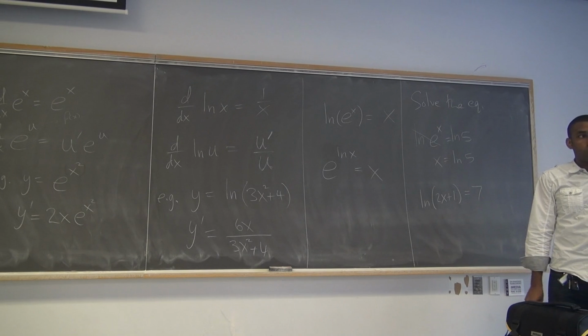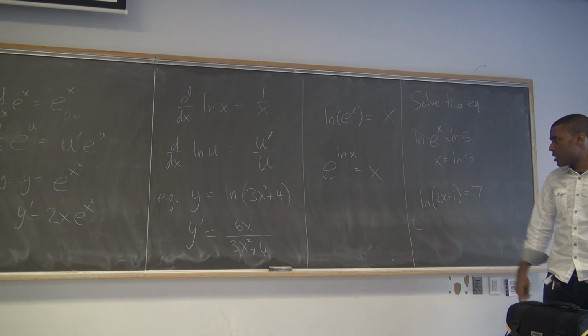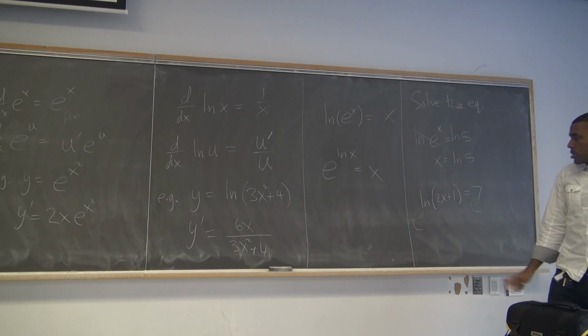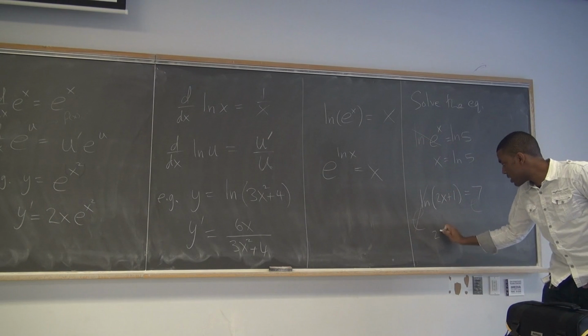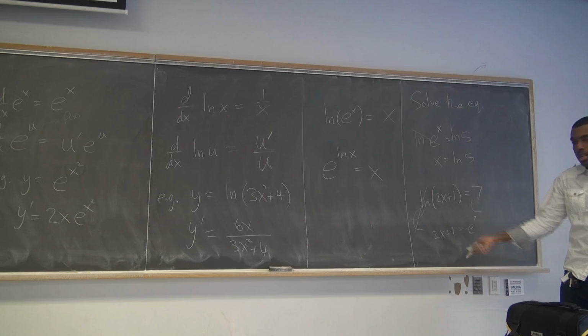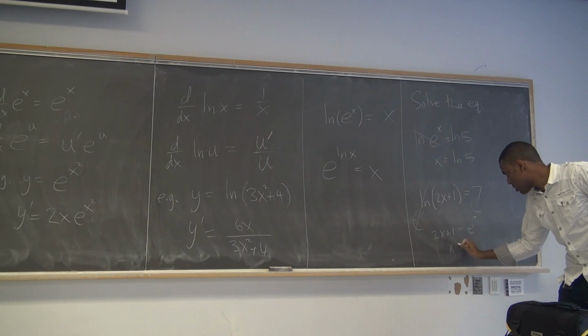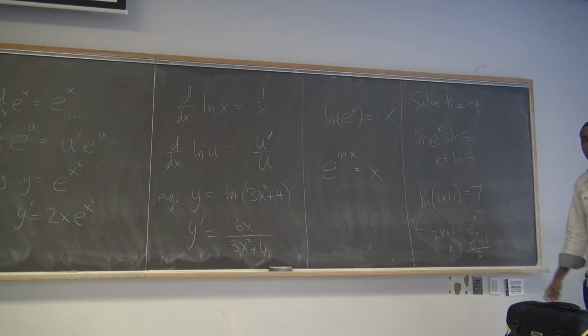You take e to both sides, right? I want to get rid of that ln so I can isolate the x. So it'll be e to the (2x plus 1) equals e to the 7. They cancel because of that rule. Over here I get 2x plus 1, over here I have e to the 7th power, and now it's algebra. X would be (e to the 7 minus 1) all over 2.